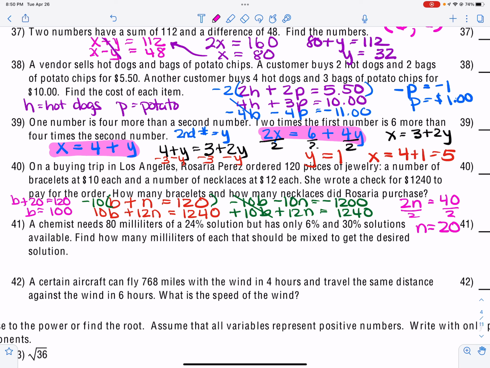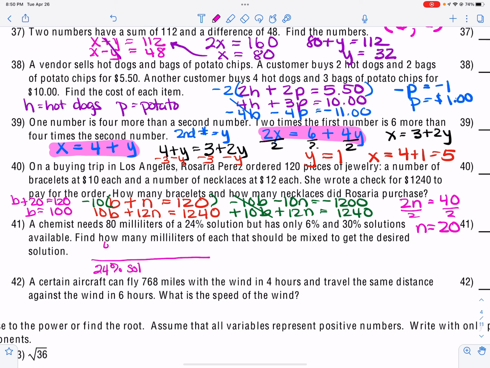Now with your chemistry solutions, remember we're going to make that table, and you don't have to change the percents to decimals. You simply have to drop the percent sign, okay? So they need 80 milliliters of the 24% solution. So I'm going to put the 24% solution is what we want to make, okay?